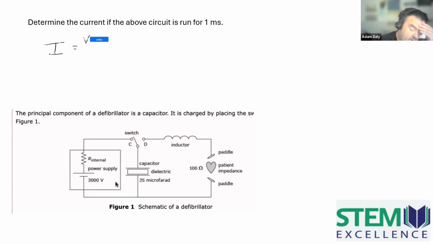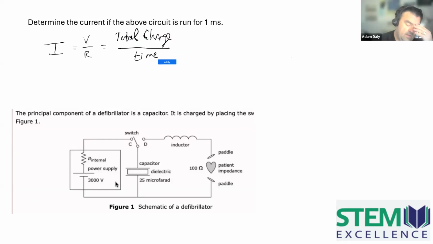It's like V over R. It's also equal to total charge over time.